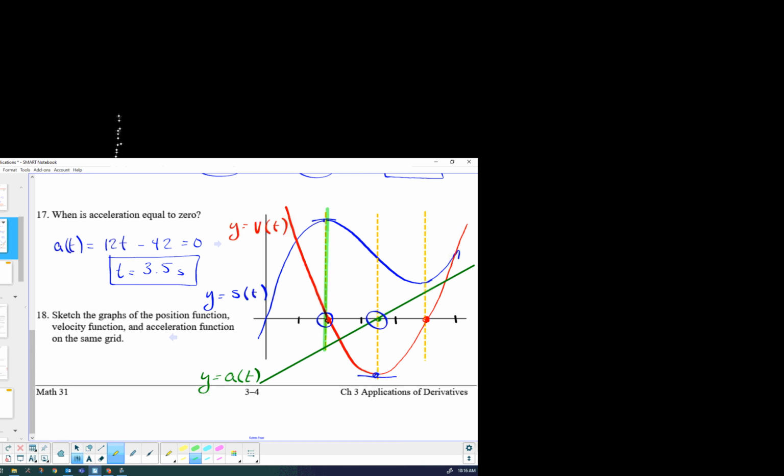Or here, where my original function has a minimum, it's slightly off, so I should fix that, and my derivative has a 0. Or here, my first derivative has a minimum, and my second derivative has a 0. So where I put those dotted lines, those will be the key points. And now we also know that at this point, the shape of the curve will switch. That will make a bigger deal of in chapter 5.